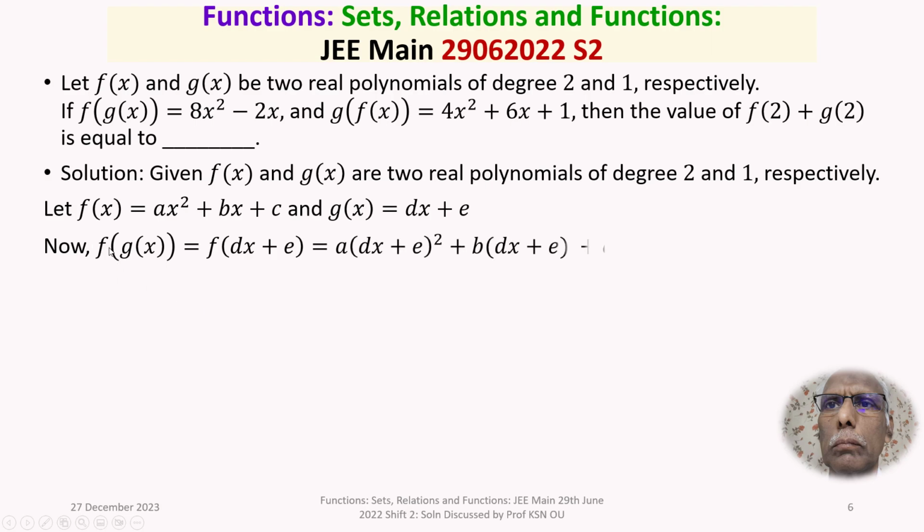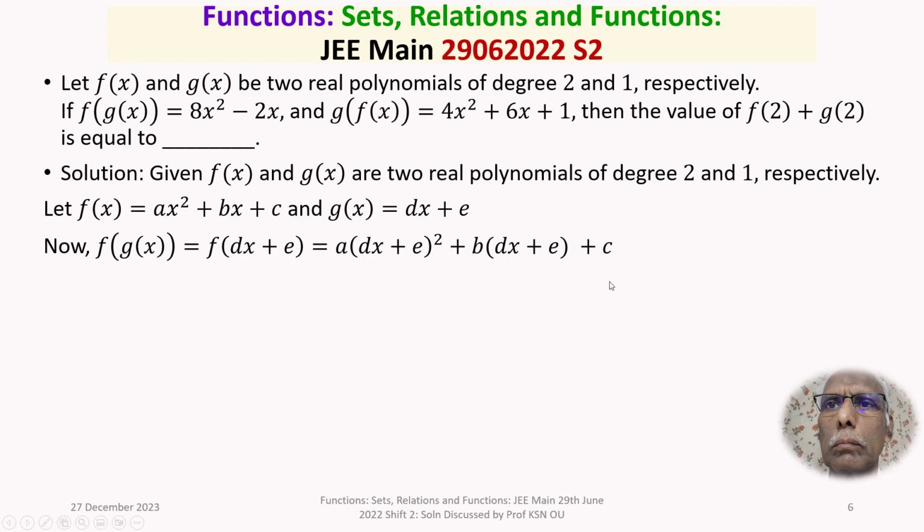Now f of g of x is given to us, so let's compute what is f of g of x in these terms. So f of g of x, with g of x is dx plus e, will be equal to, in f of x, wherever there is x, you substitute dx plus e. You get a into dx plus e whole square plus b into dx plus e plus c.